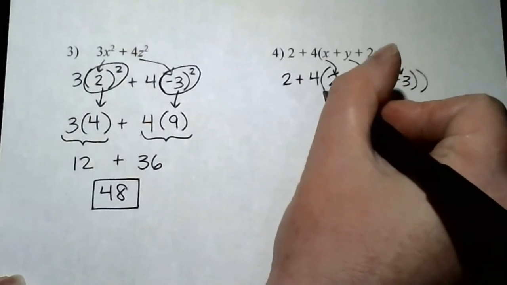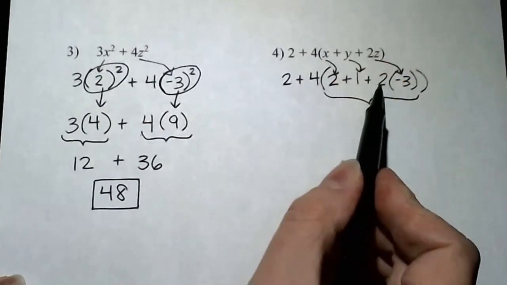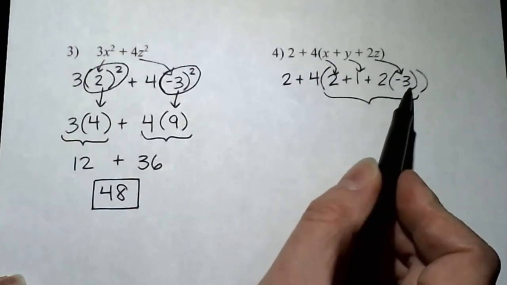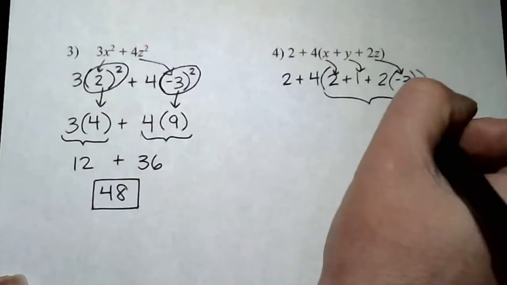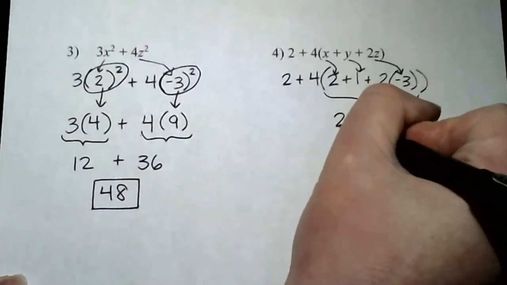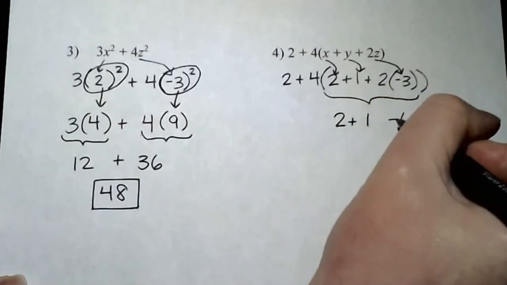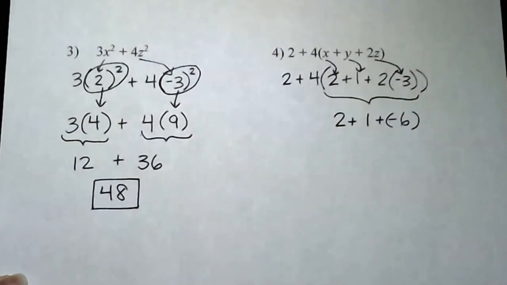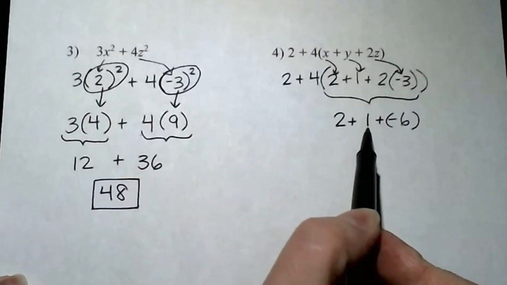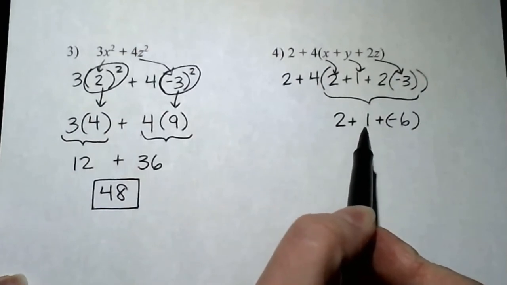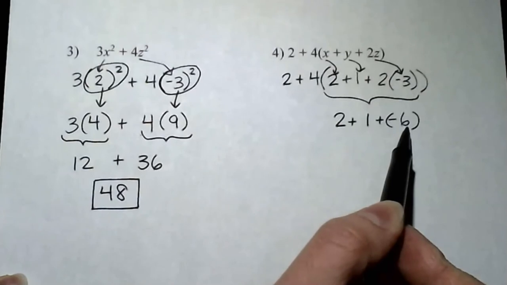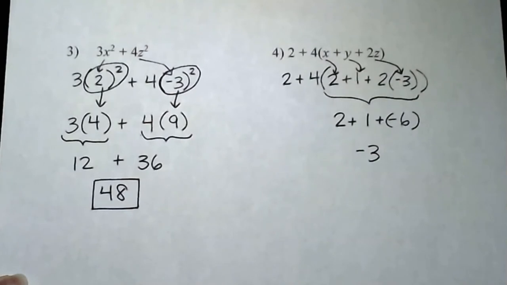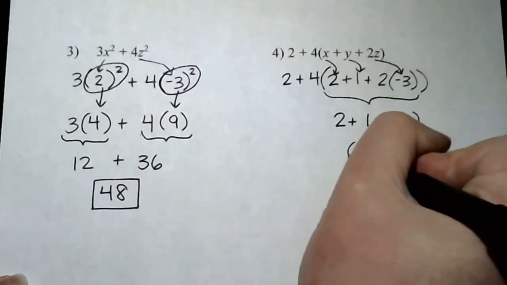Inside of here, I see addition and multiplication. So I'm going to start right here. So that's a 2 times negative 6... 2 times negative 3, which is negative 6. And then I'm going to bring the rest of it down. And then I'm going to go left to right and add this all up. So 2 plus 1 is 3, and 3 plus negative 6 is negative 3. That takes care of the inside of my parentheses.